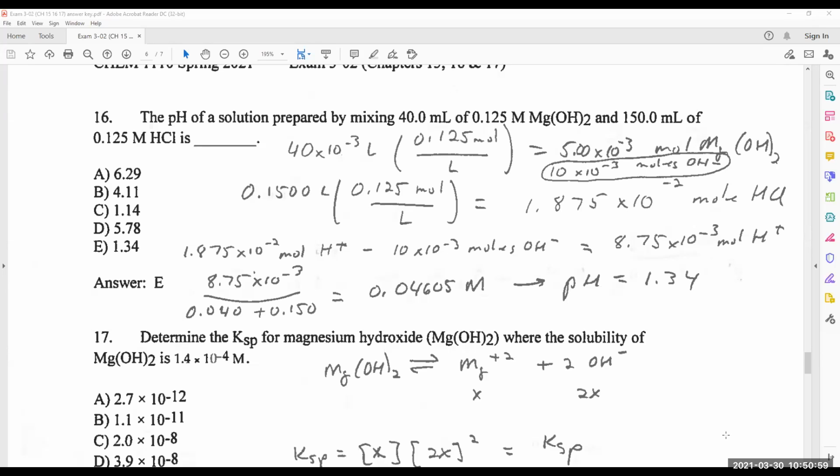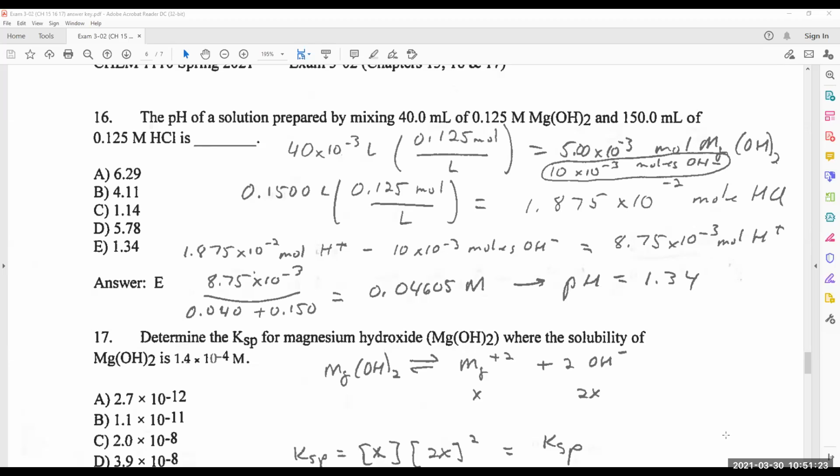So then we can simply subtract the moles of hydroxide from the moles of hydrogen ion, and that tells us that we have 8.75 times 10 to the minus 3 moles of hydrogen ion left. And then we want to divide that by the total volume. We had 40 mLs and 150 mLs.